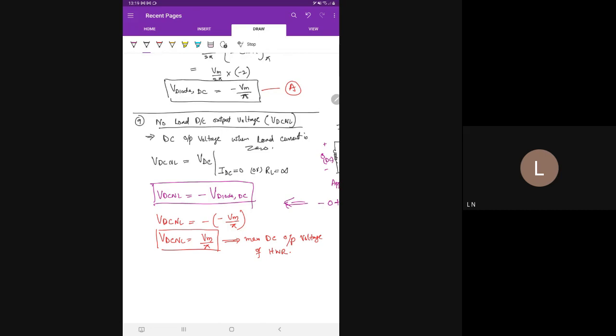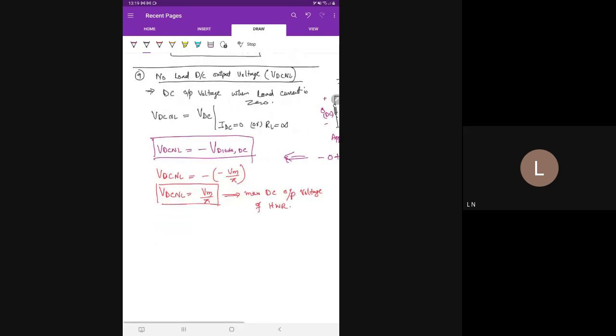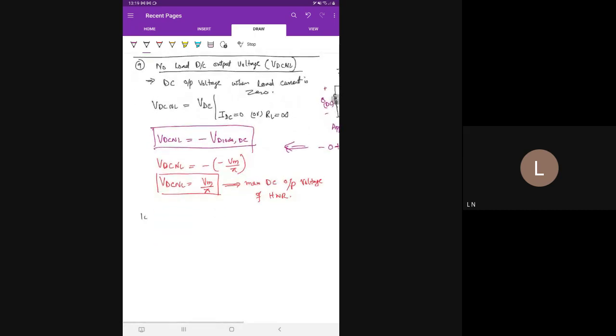So we'll move now to the next parameter, the full load DC output voltage. The 10th parameter is full load DC output voltage, VDC full load.